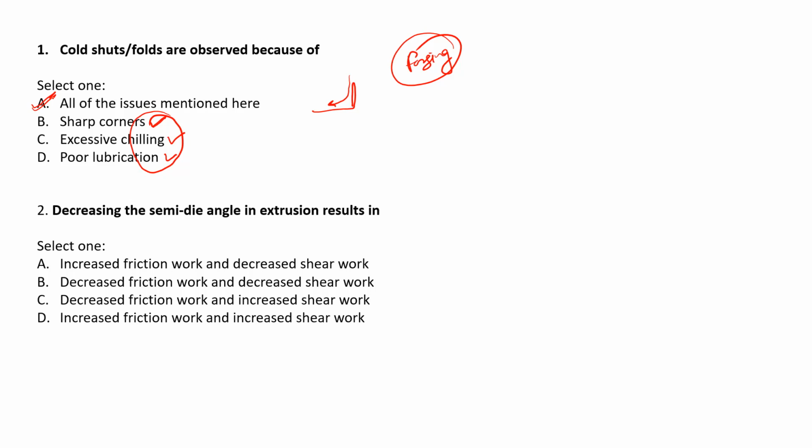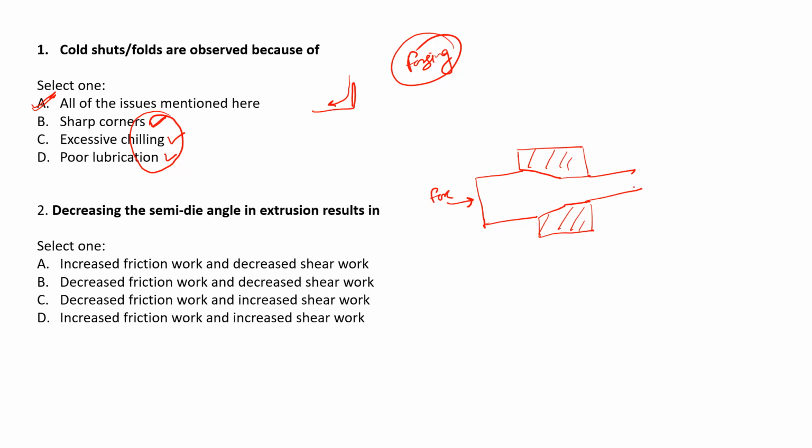Next, decreasing the semi-die angle in extrusion. Okay guys, now suppose we know this is the die, right? This is the die, and here we are applying the pressure or the force, and this is my output.